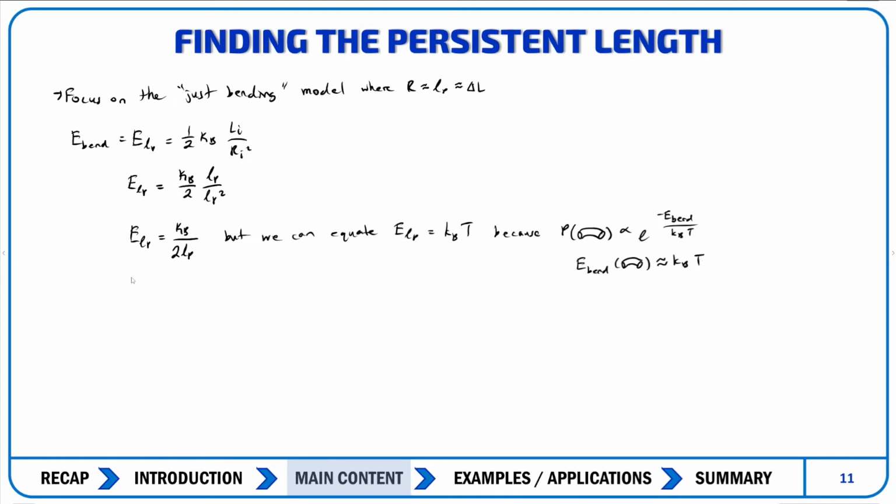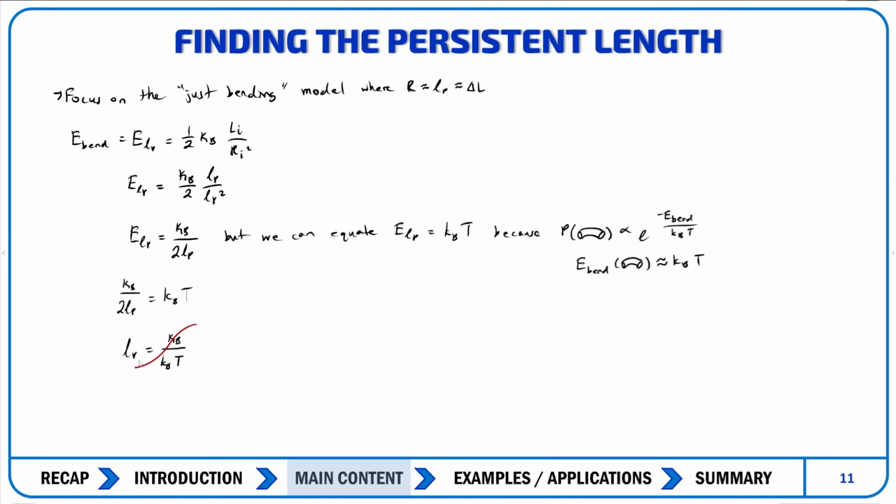So based on this, we can simply say that kappa B over 2 LP is equal to KBT. And therefore, we can solve for the persistent length. So the persistent length is then going to be equal to kappa B over KBT. So this is actually the mathematical expression for the persistent length.